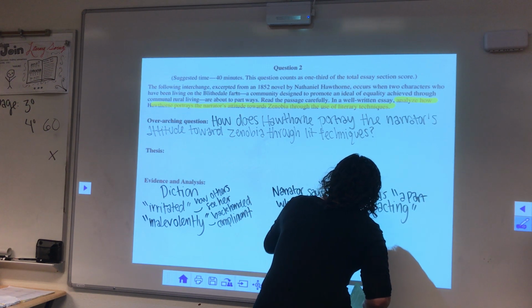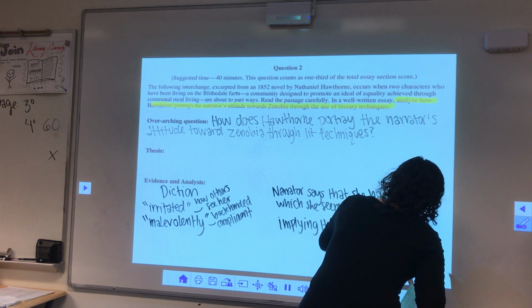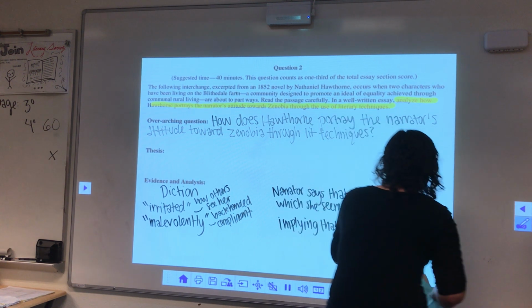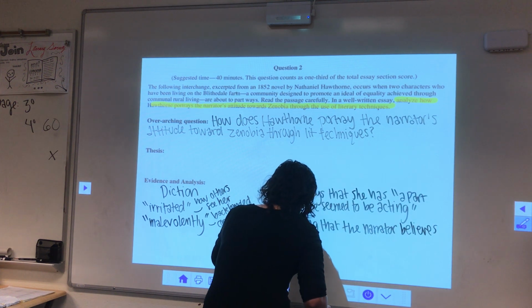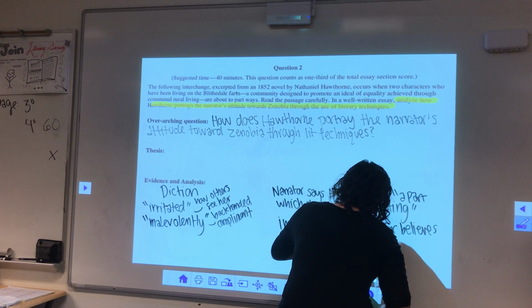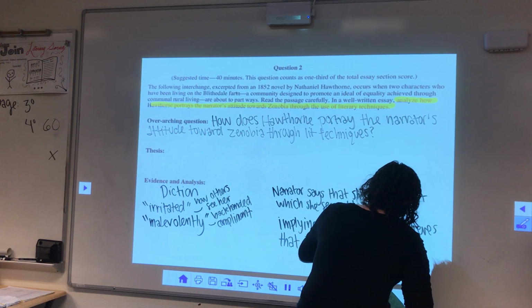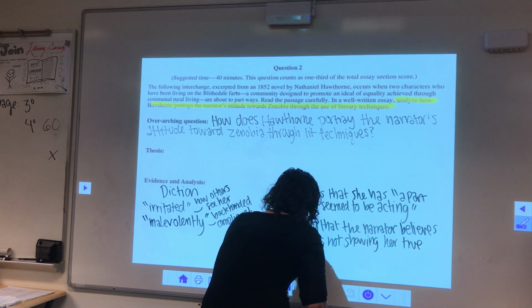The only real thing about her is her body, right? Because it's organic. The narrator believes that Zenobia is not showing her true nature.